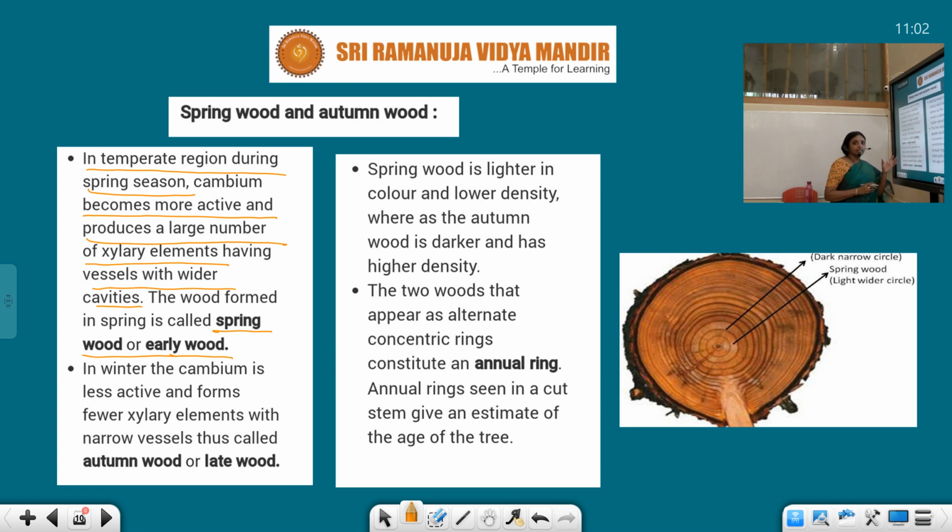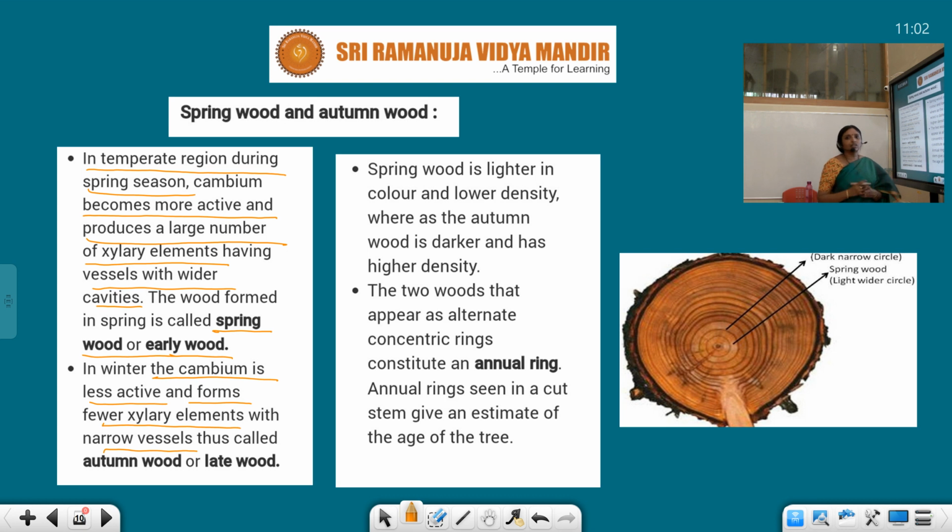And in the autumn season, when leaves are falling and flowers are not much present, the cambium is less active and forms fewer xylem elements, with narrow vessels.